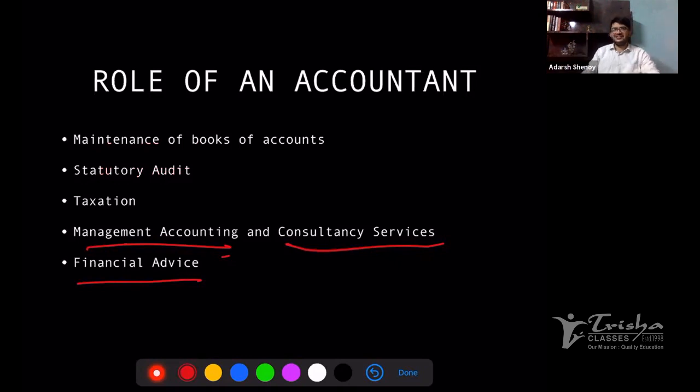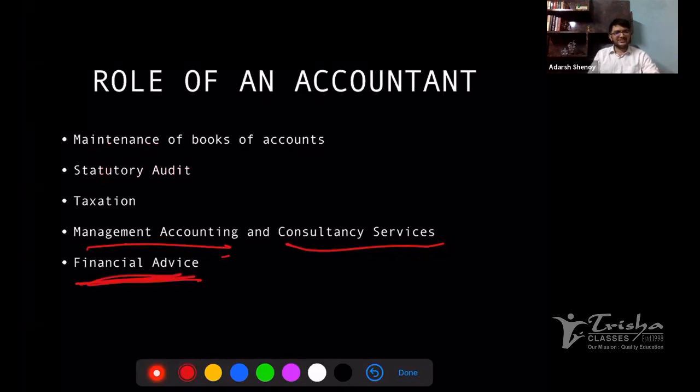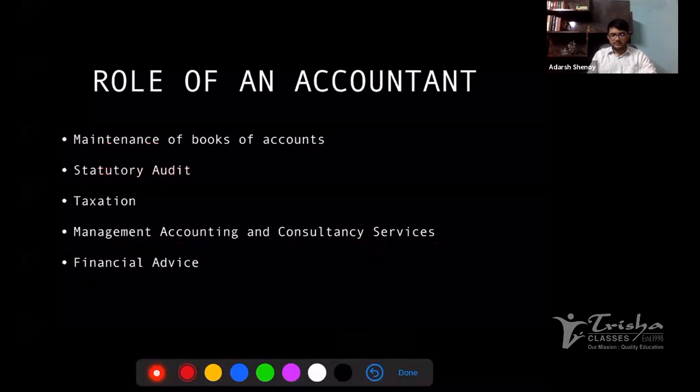So like this, they come and ask, where should I invest money? Which is a good choice of investment? So there are all these financial advices also people ask from chartered accountants. Other work could be, I told you, payroll, internal audit. All this also the chartered accountants might be doing.